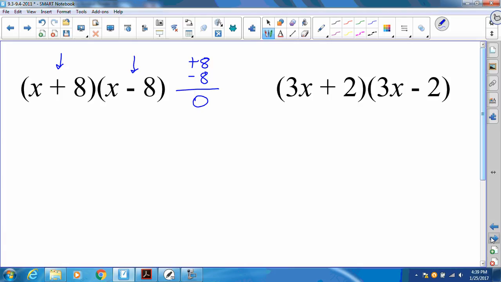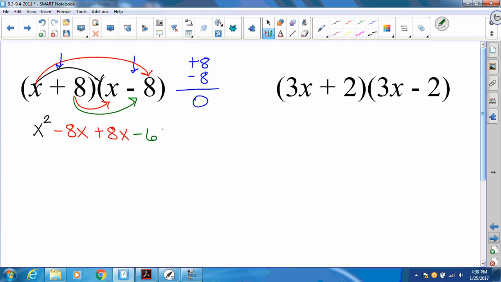So the same idea is going to happen when we FOIL this. So let's see. We're going to take x times x, which is x squared. Then we're going to do our outside. X times negative 8 is negative 8x. 8 times x is positive 8x. And last, 8 times negative 8 is negative 64.